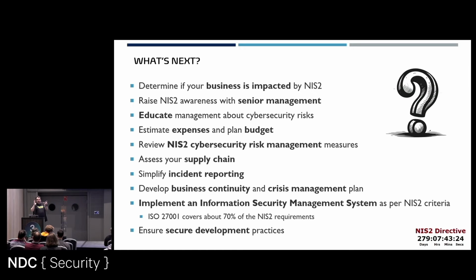Or if you're not sure what you should be doing right now, because the member states have not put any laws or guidelines into what you should implement, just look at ISO 27001 and start doing that. And by the time the member states put out more recommendations, you'll already be well on the way to becoming compliant. So just look at ISO 27001 for that. And also ensuring secure development practices.